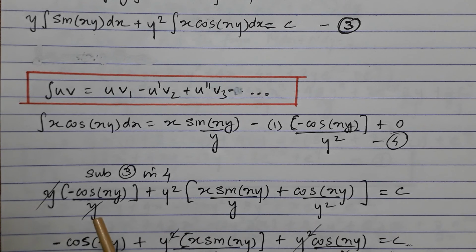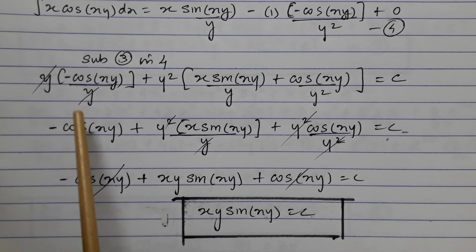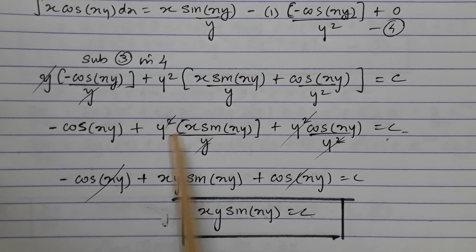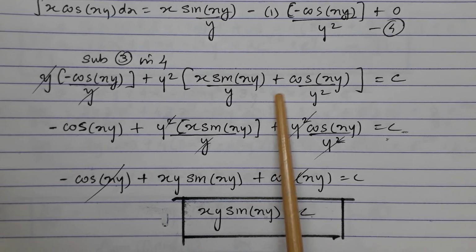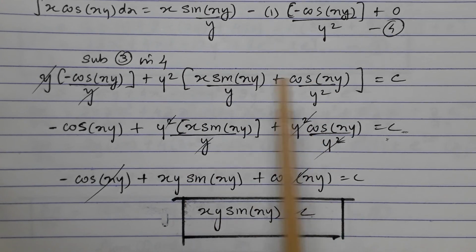So we can now write this as y and y would cancel out each other. So we can now write this as minus cos xy plus y square into x sin xy upon y plus cos xy upon y square. Now we are opening the bracket.